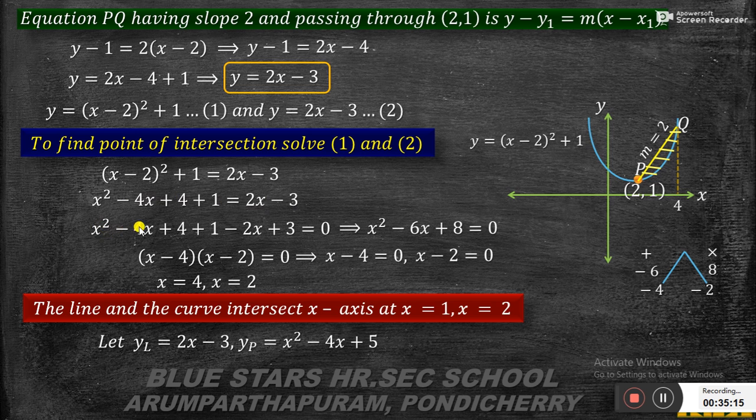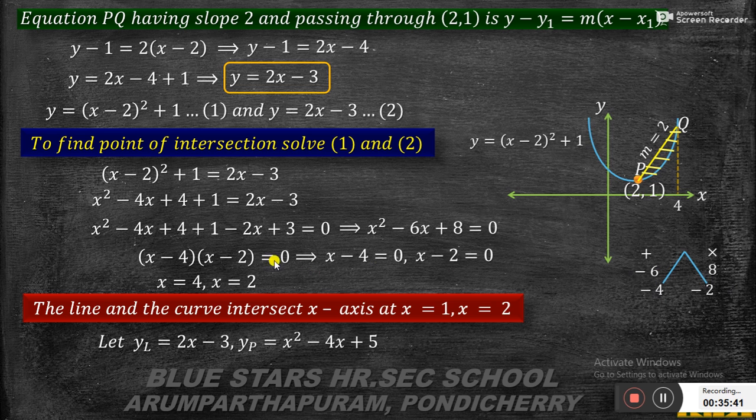So x squared minus 4x plus 4 plus 1, moving 2x minus 3 to the left-hand side, gives x squared minus 6x plus 8 equals 0. Now we factorize: 8 and minus 6, so minus 4 and minus 2, which add to minus 6.